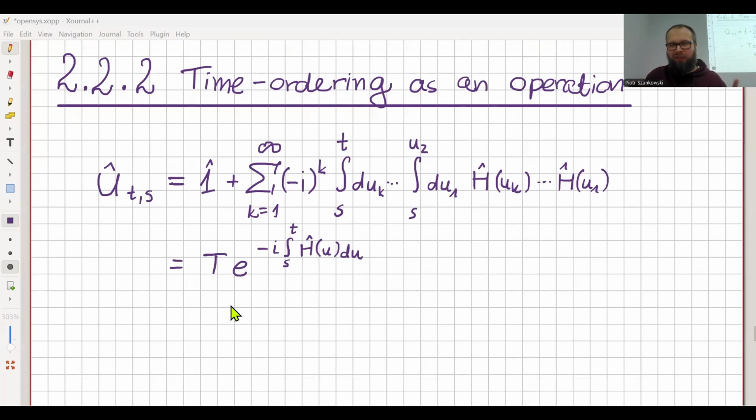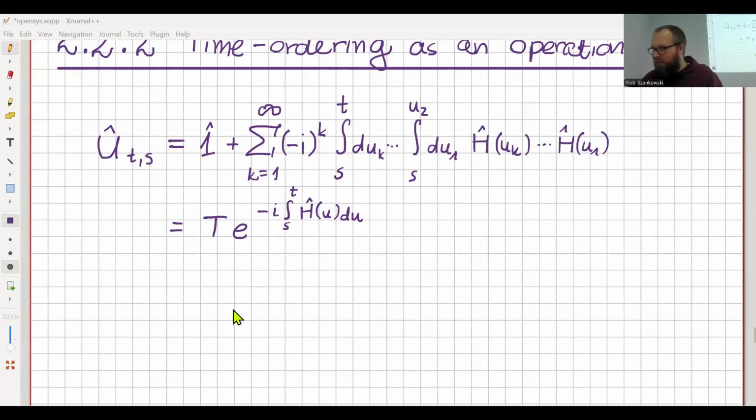But before we reveal more tricks with time ordering, I want to do one of the calculations we skipped last time, but it will be useful.